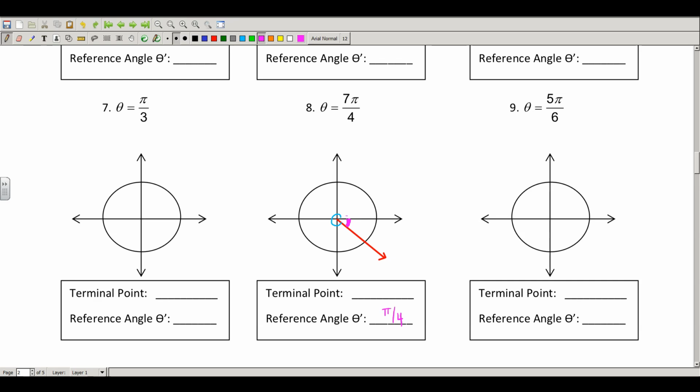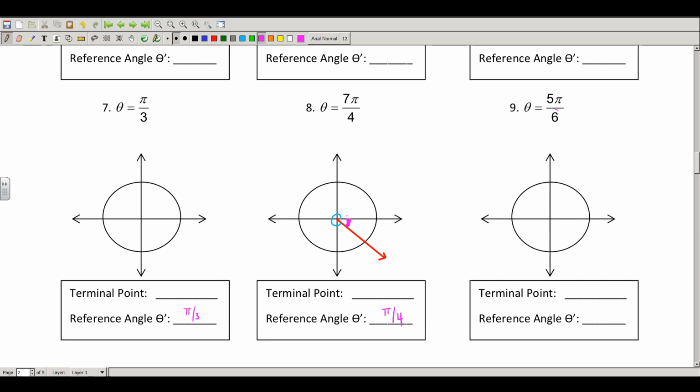In fact, the thing about these special angles on the unit circle is that whatever the denominator is gives you a hint towards the reference angle. Like number 7, this is pi thirds. The reference angle in this case is just pi over 3.